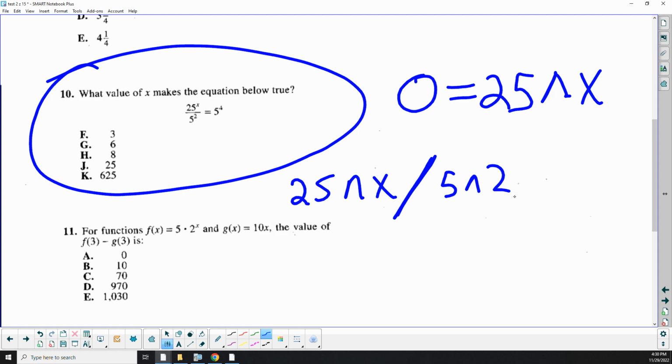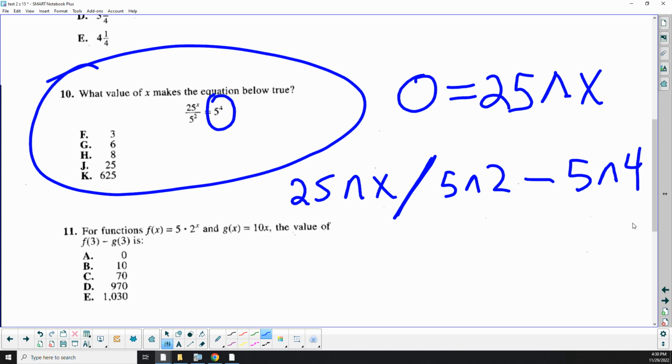Y'all holding with me? Now you have to subtract this because you have to set it to 0. So hit minus 5 caret 4. Am I making sense? That's the advantage of the skinny one. You can just do left side, right side. Now hit enter.